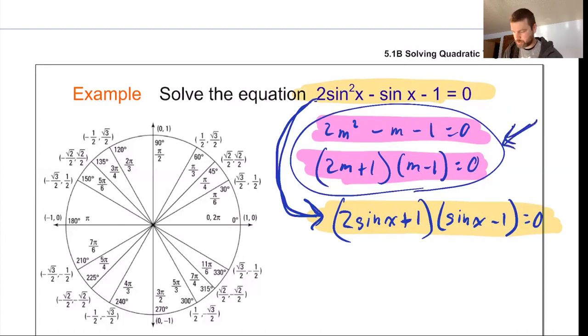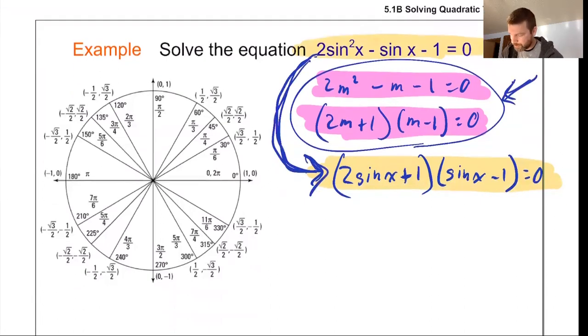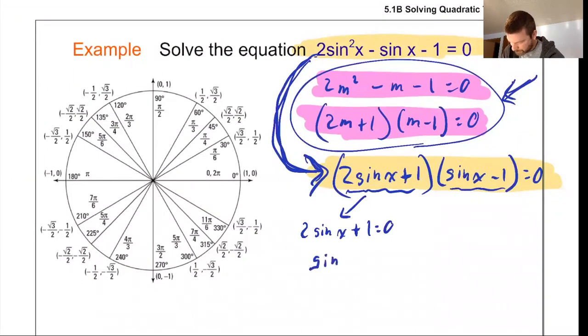If you want to skip straight to this part, go for it. Both work. Either way you do it, you eventually get here, and then you say, well, I've got something times something else equals 0, so one of those things has to equal 0. If it was this one, 2 sine of x plus 1 equals 0, then sine of x would be negative 1/2.